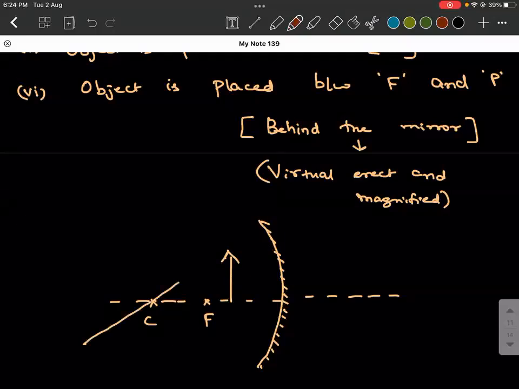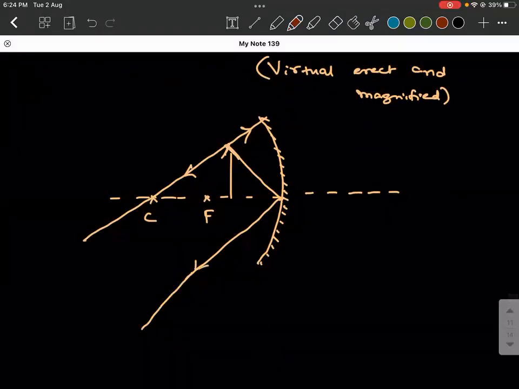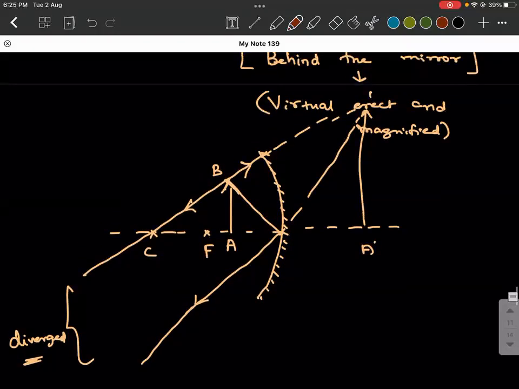So if I take a ray through the center of curvature, it will retrace its path. And when a ray is incident at the pole, it will travel in a symmetric manner in such a way that these two rays are diverging away from each other. When the rays are diverging, there is no possibility of them meeting. So when you extend them backwards, you can observe that this is where the image is formed. If this is AB, then this will become A dash B dash.